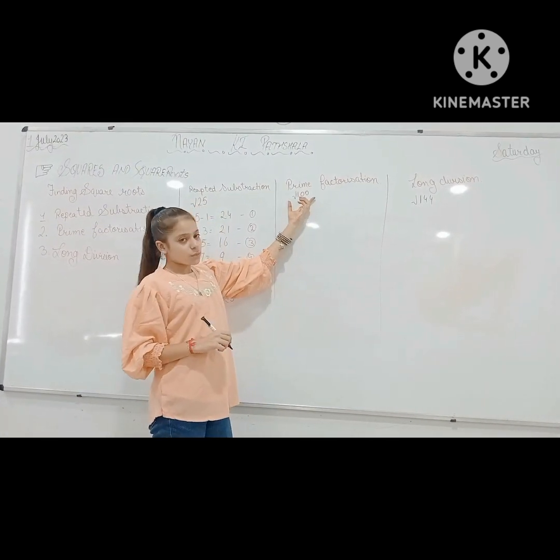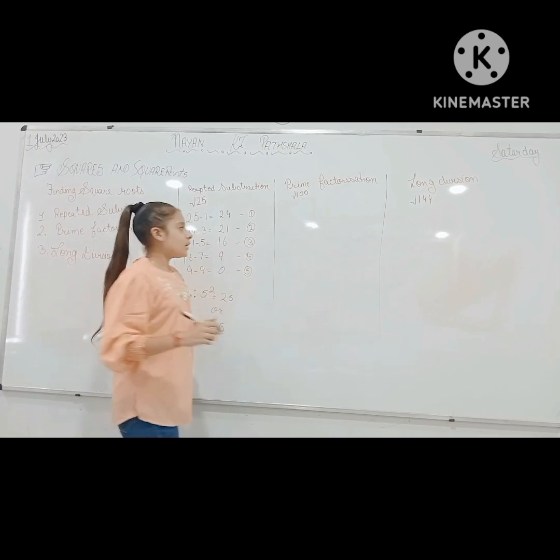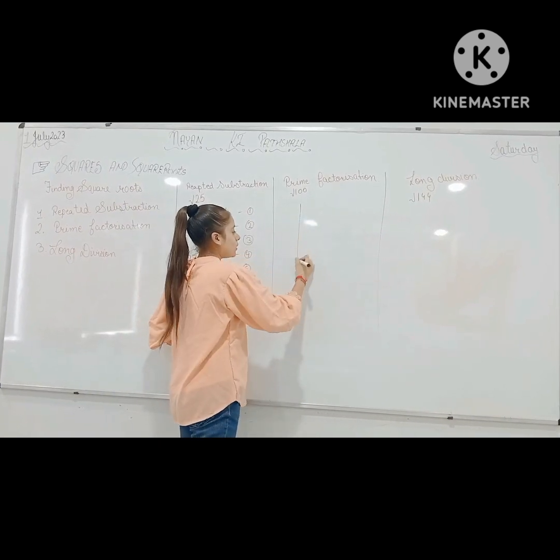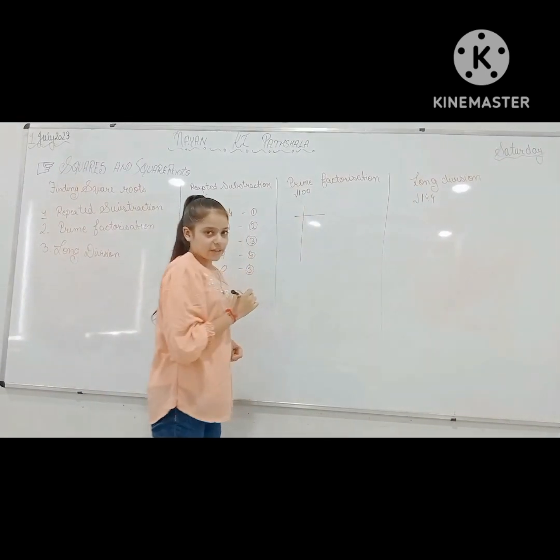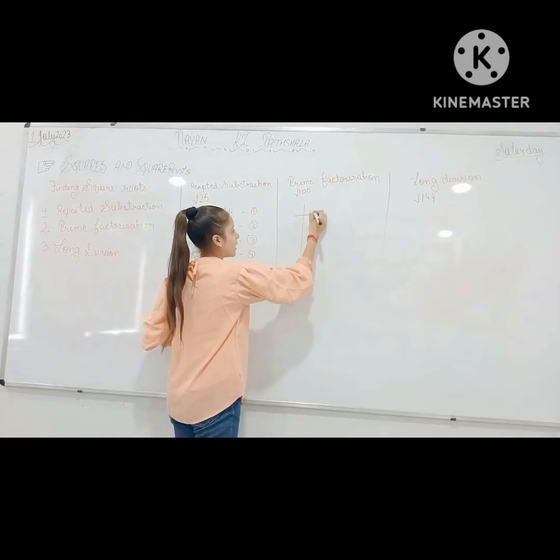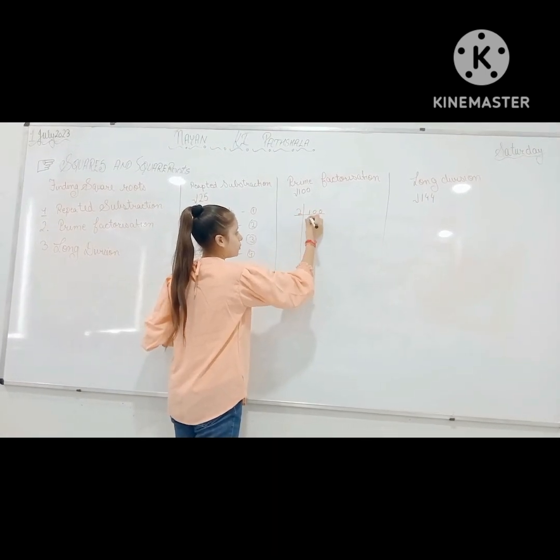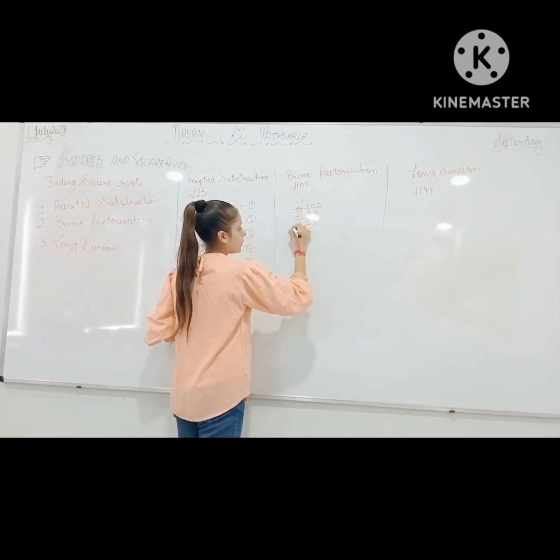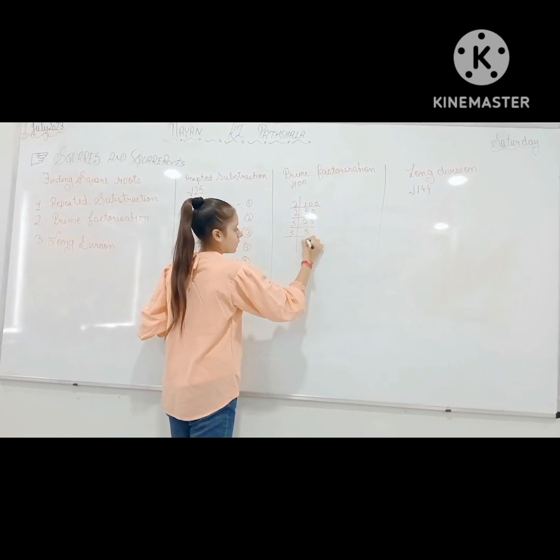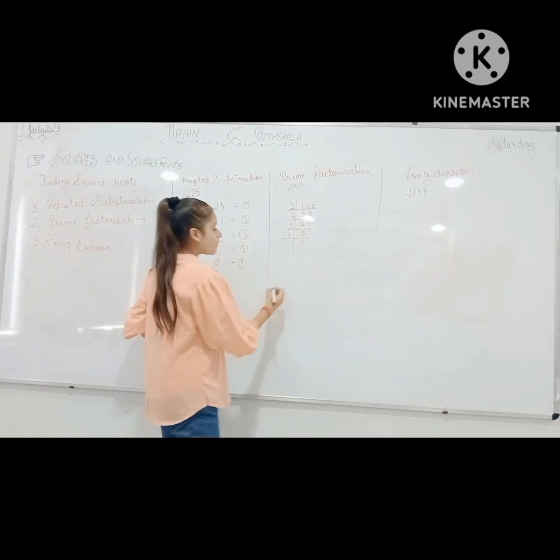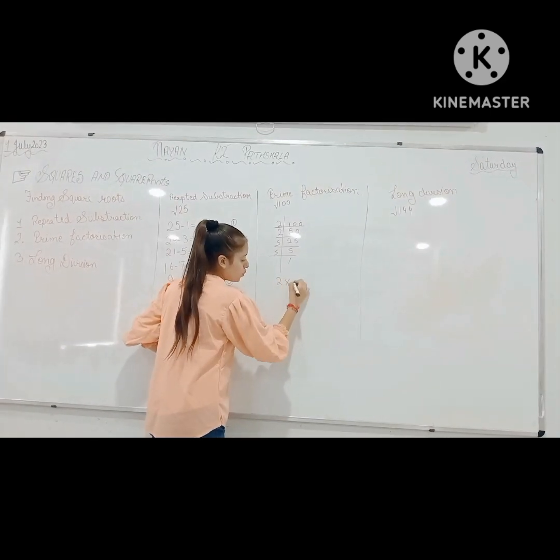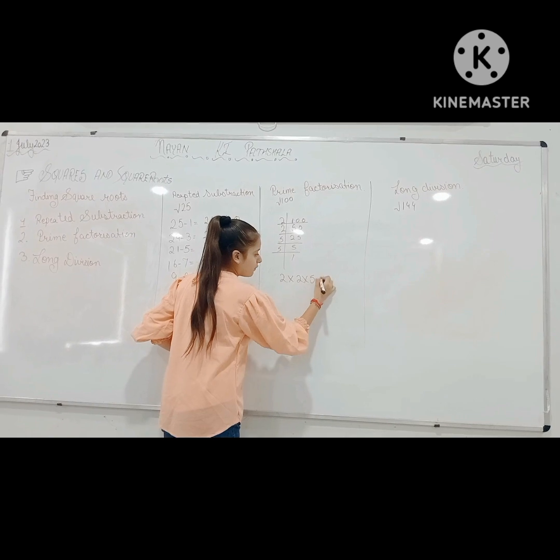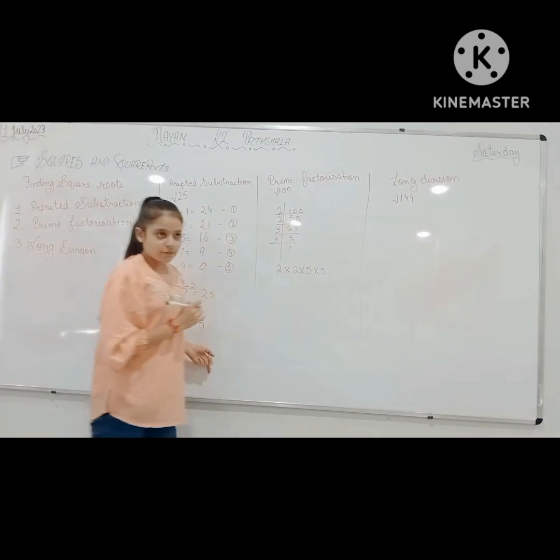Coming to the next, that is prime factorization method. We will take out the square root of 100. So we all know how to make factors from the prime factorization method, as the same I am going to do. That is 25. So we got prime factors that are 2 into 5 into 5.